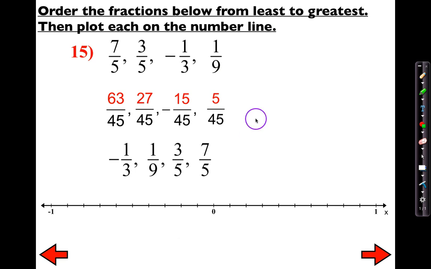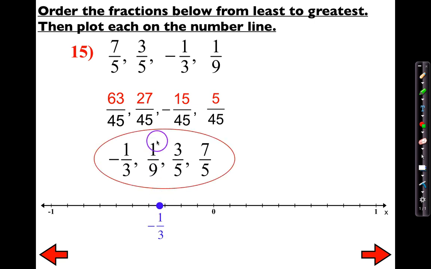But now we're asked to plot them. So here, negative 1/3 would be a third of this. Here it's 1, 2, 3, 4, 5, 6, 7, 8, 9, 10. So a third of it is going to be about 33.3%. So here we go. Here, 1/9.